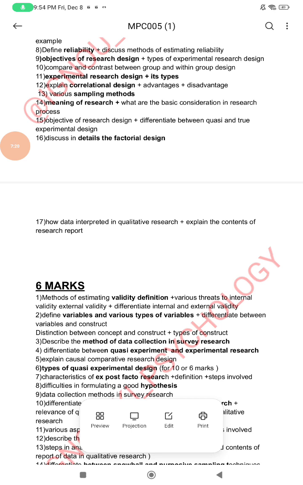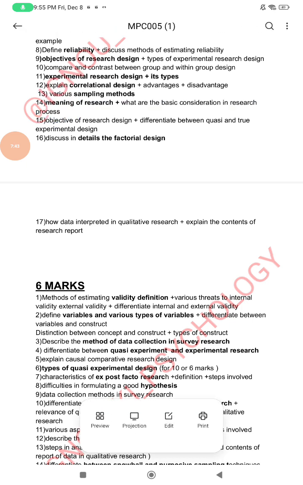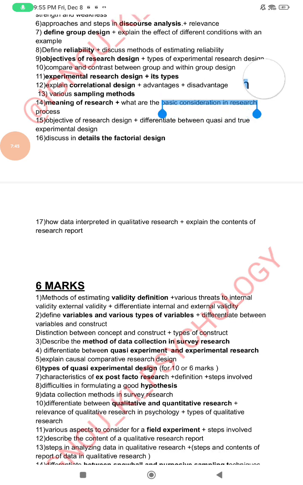Sampling involves systematic sampling, quota sampling, simple random sampling, then cluster sampling, snowball sampling, stratified sampling, then purposive, convenient, stratified random sampling. These are the different types of sampling methods. Please explain it.